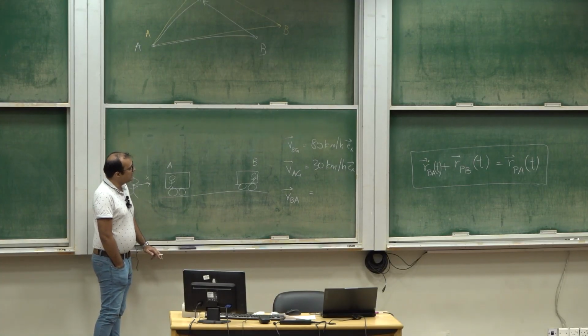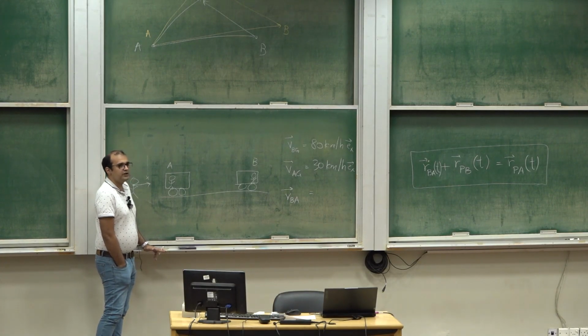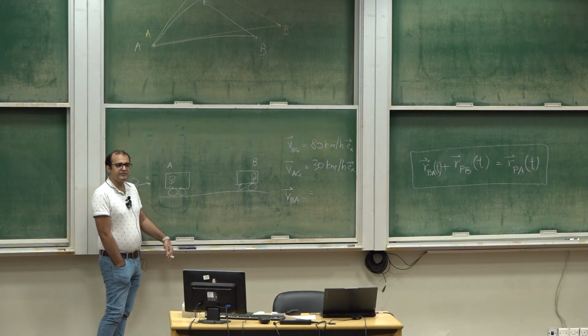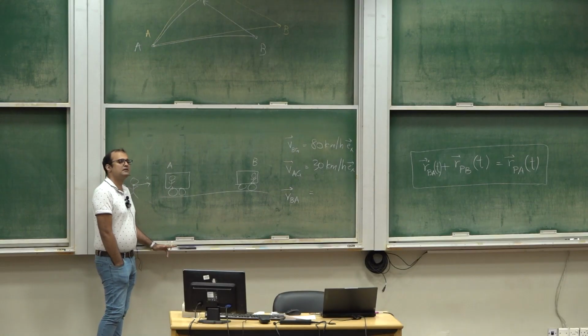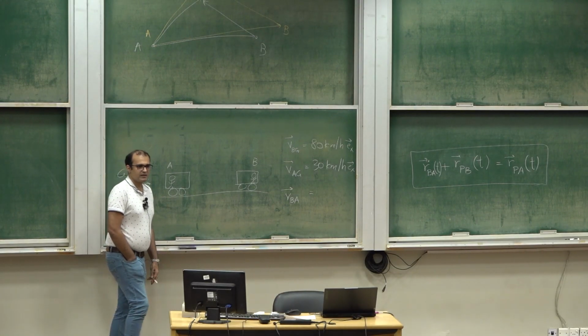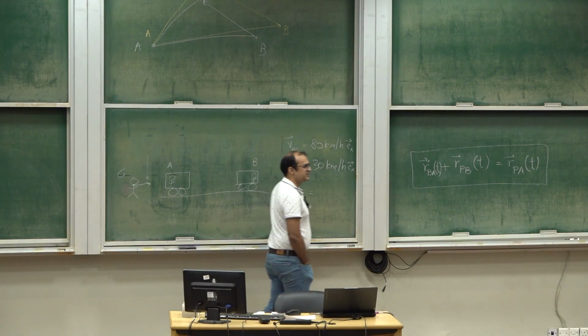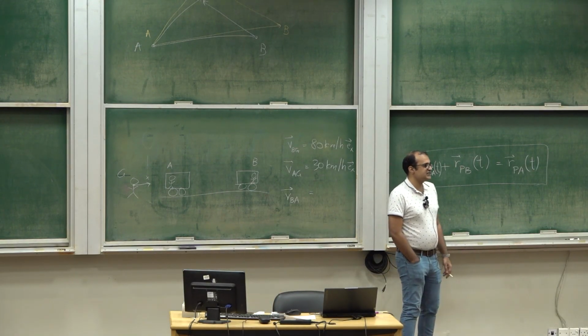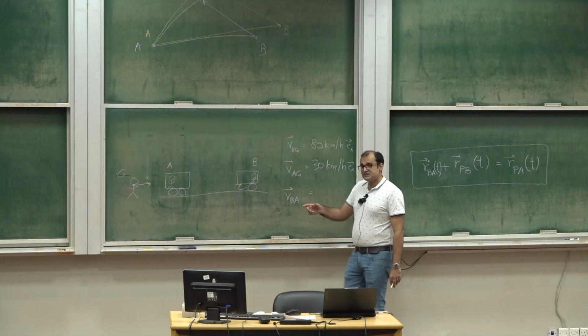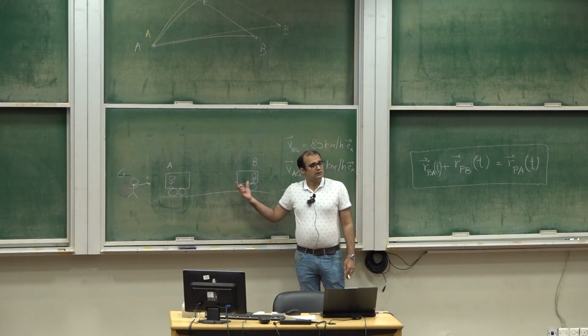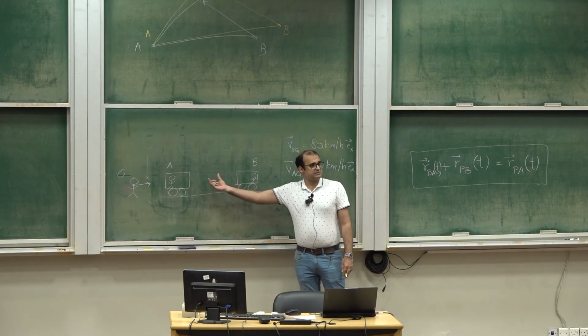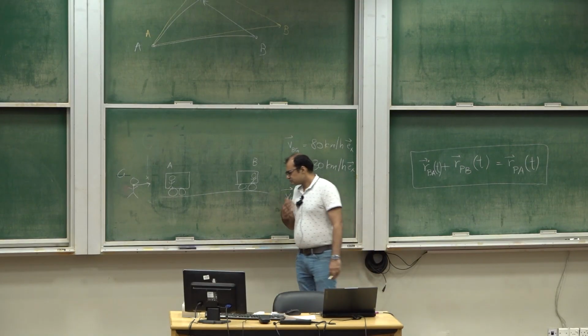In the same time, A traveled a distance of 30t. The distance between them is then 50t, and therefore the rate at which this distance is increasing is 50t divided by t, that is 50. So that's how you get 50 kilometers per hour as the rate at which the distance between them is increasing, which is nothing other than the velocity of B as measured by A.